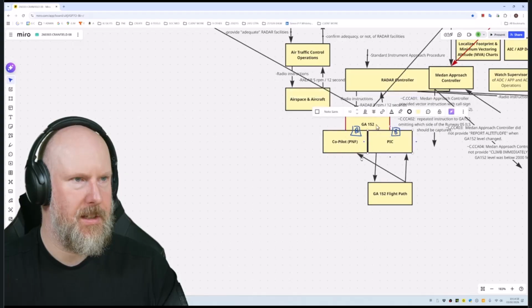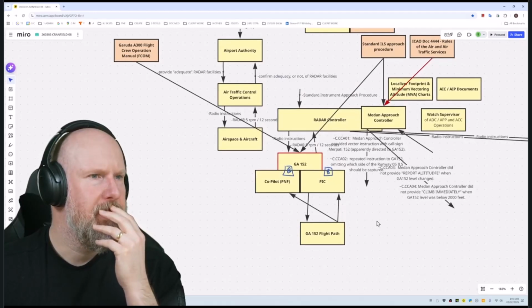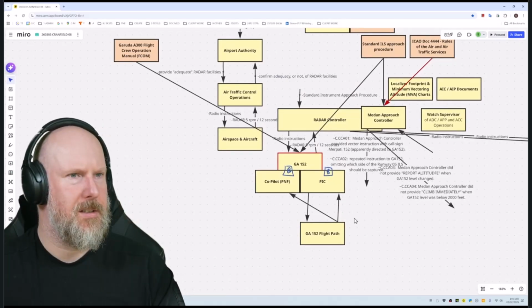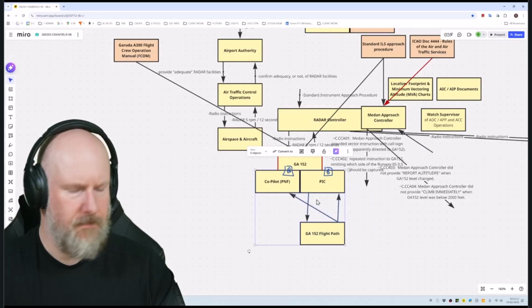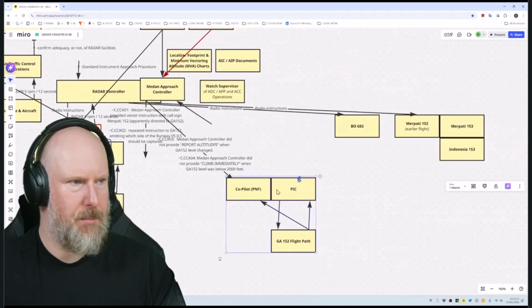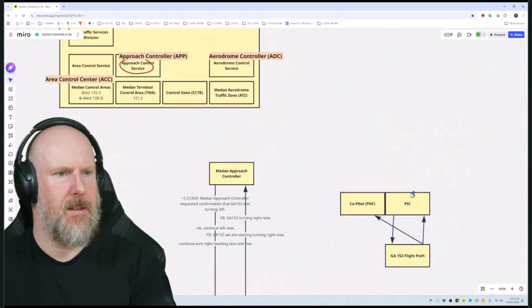Let's use that one. How are we going to do this? So we've got the aircraft, we've got the flight control system. Let's put it over here. Let's get rid of that bit.